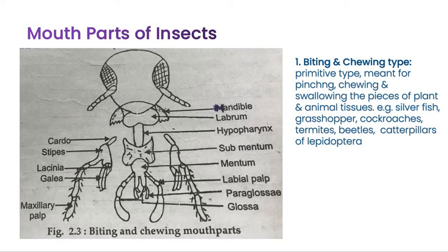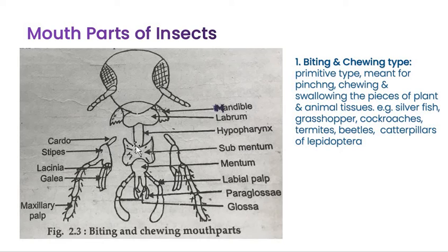You can see the unpaired labrum in front of the head; the first part of the mouthparts is the labrum. Then a median hypopharynx, which acts as the tongue of the insect, like our tongue.